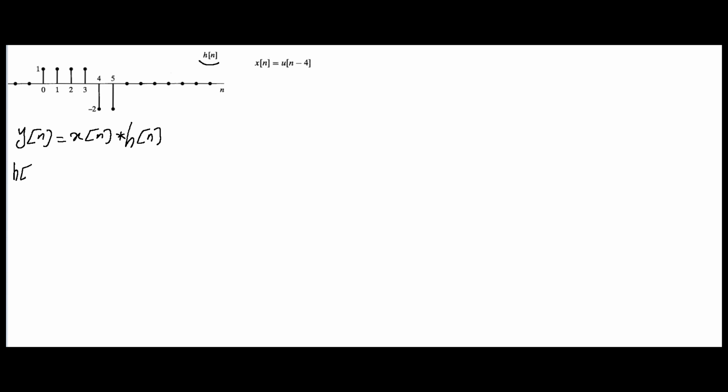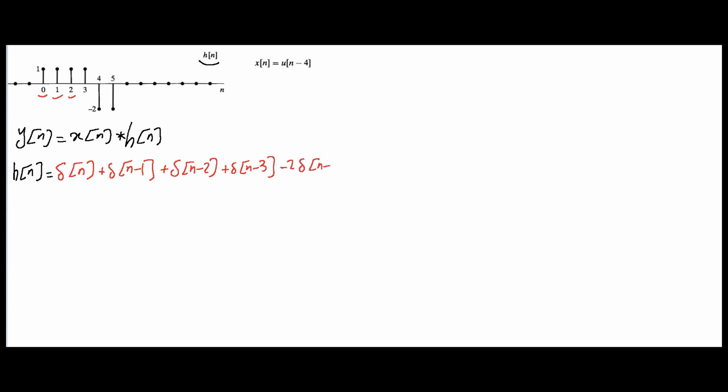From the given sequence, h[n] can be expressed as delta[n] plus delta[n minus 1] plus delta[n minus 2] plus delta[n minus 3] minus 2 delta[n minus 4] minus 2 delta[n minus 5].